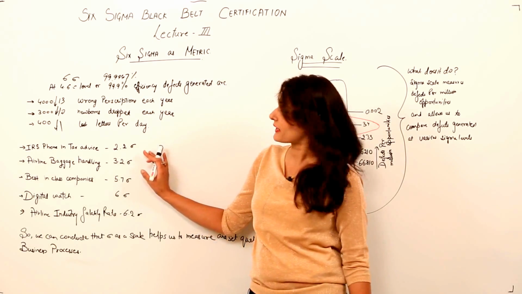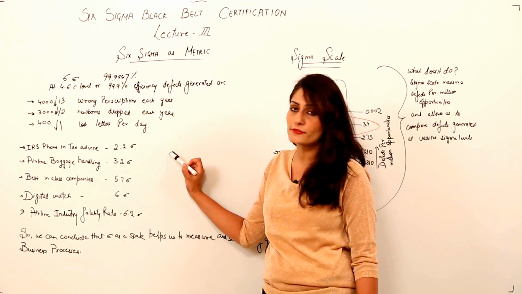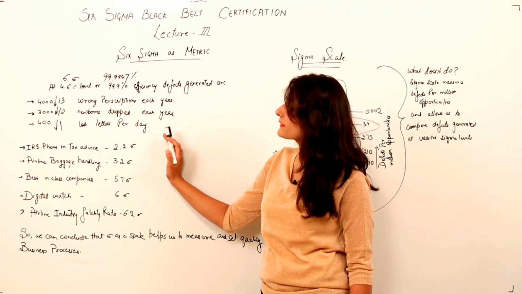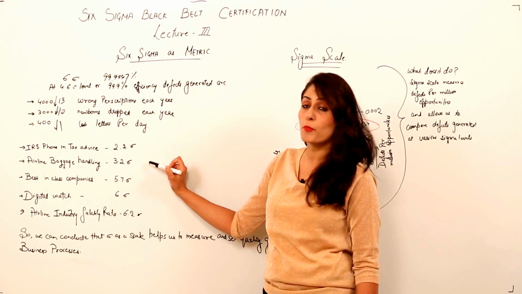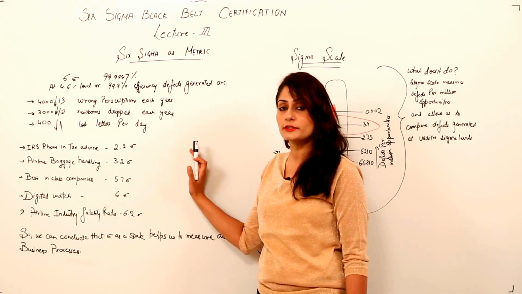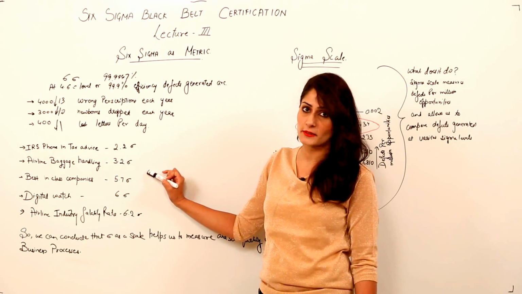For example, take an example of IRS phone in tax advice. It is running quite smoothly at 2.2 sigma level. Then comes airline baggage handling. It's working good at 3.2 sigma. Best in class companies who are producing quality products, quality services, they work at 5.7 sigma.